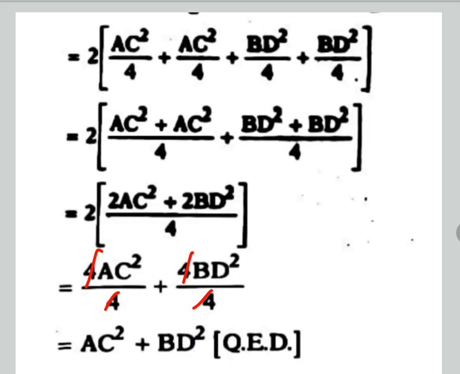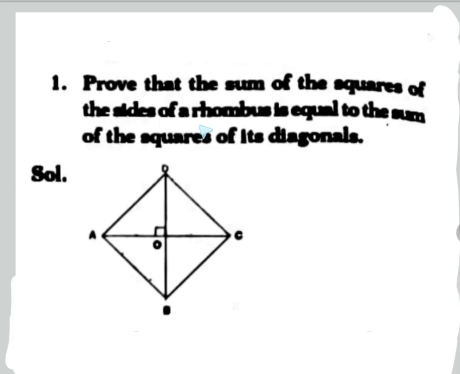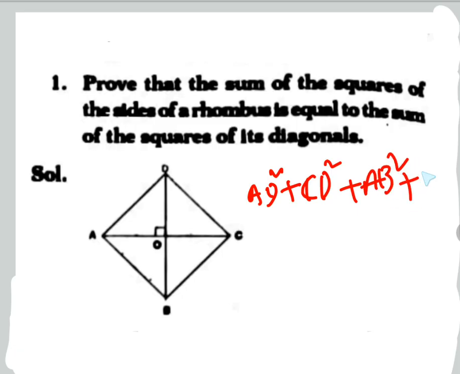We are required to prove that the sum of squares of all the sides of the rhombus, this is AD square plus CD square plus AB square plus BC square, is equal to the diagonals squared. What is the diagonal?